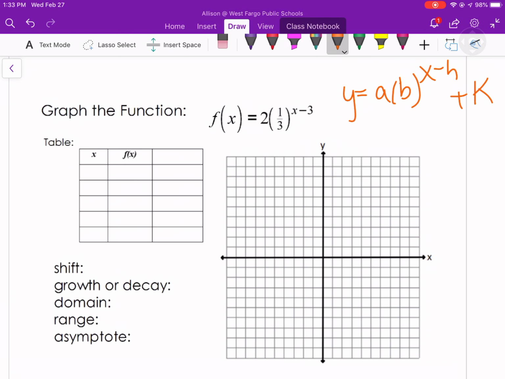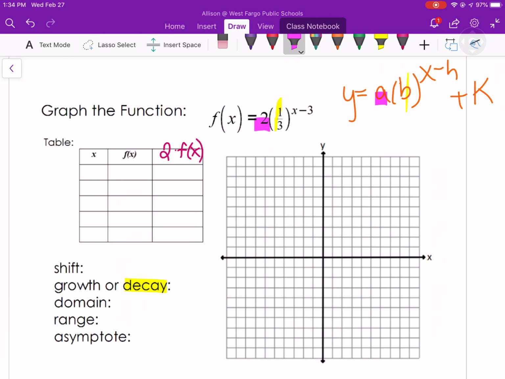So if I identify my pieces here, the b value is 1/3 here. So that means that it's going to be decay because I have a b value that's less than 1. Now I have an a value of 2, so in my third column, whatever I get, it's going to be 2 times that middle column, 2 times f of x.